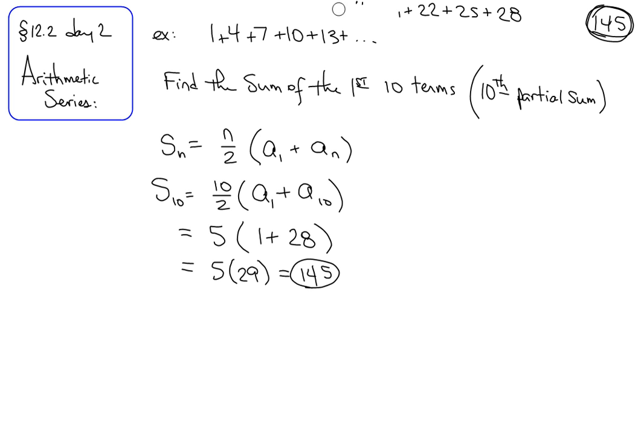So what happens if we don't have all these? How do we find it? We don't multiply it. It's part of it, but not the whole thing. So how do we find the 10th term? So how do we go about finding the value of a particular term number?